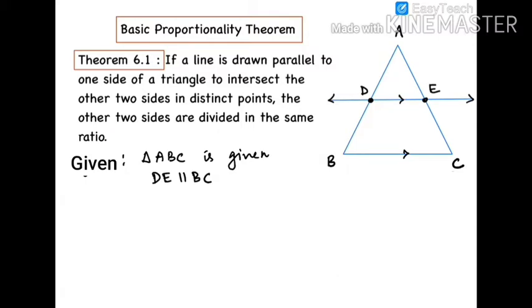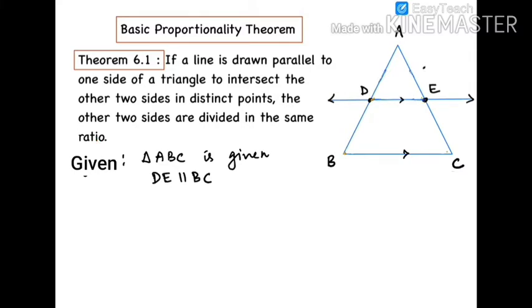A statement of a theorem is of the type if and then. So the sentence starts from if followed by what is given, then followed by what is to be proved. And that is how you can segregate from the statement what is given and what is to be proved. So here we have to prove that other two sides are divided in the same ratio.